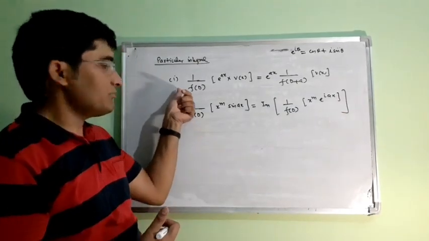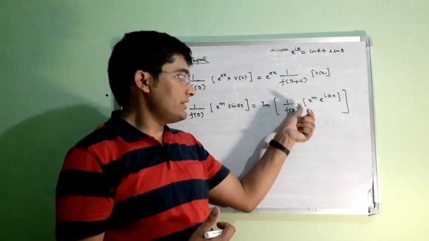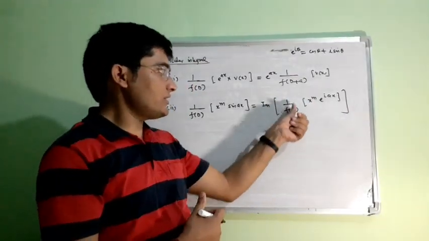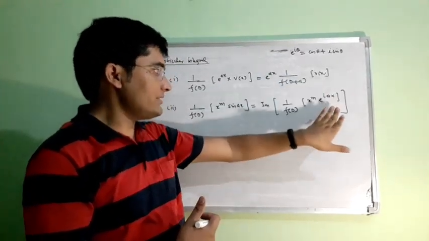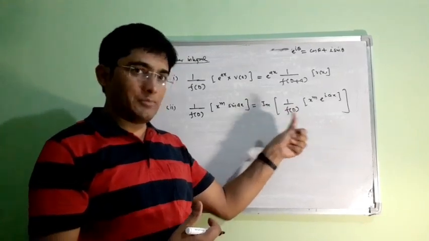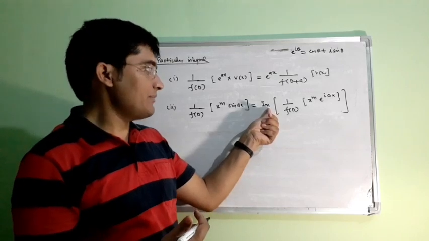Now using formula number 1, we can take this e to the power iax outside. Then in the bracket we will have x to the power m, and we have already solved questions related to the algebraic term. After solving this term and reducing it to the form a plus ib, your answer will be b, because we need just the imaginary part.